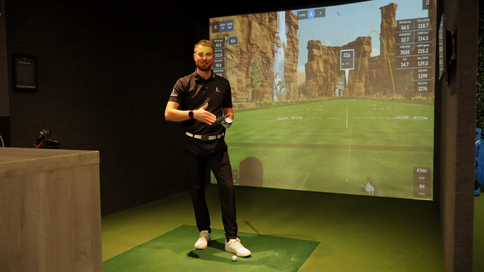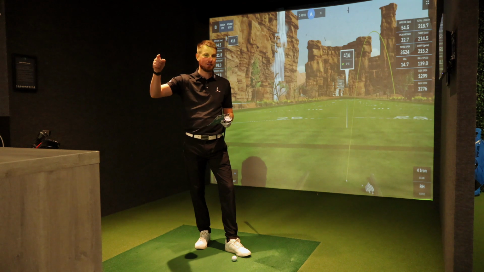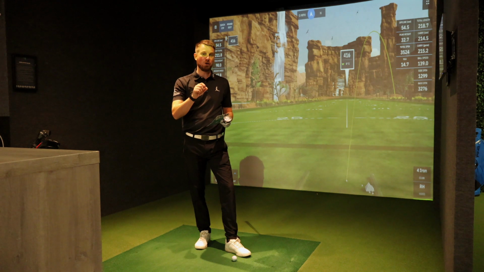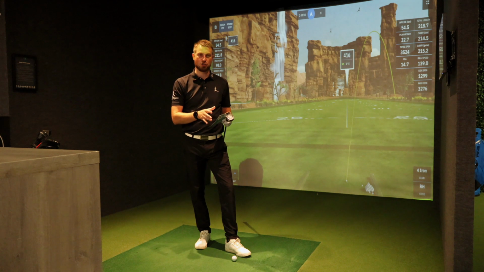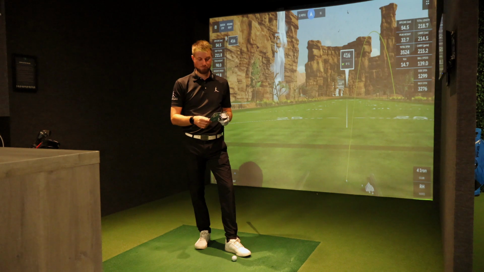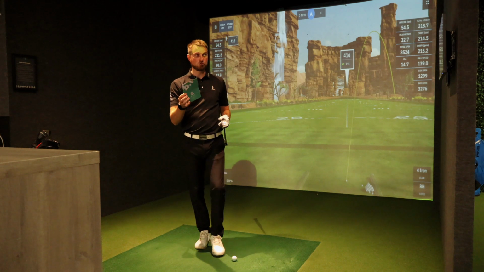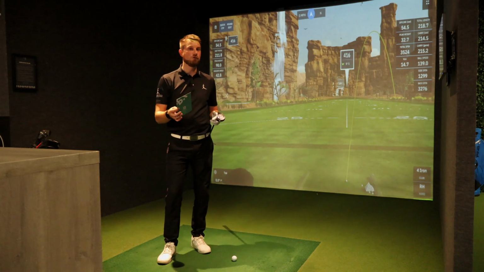It doesn't matter how far the carry is, but if you're someone who's on the high end of ball flight and you're into wind, naturally that pitching wedge is going to go much shorter than someone who hits it lower. And understanding that on course allows you to have a smarter golfing IQ, because you're more likely to give yourself a better chance of hitting the correct shot rather than just the best shot. And this is a really simple way of just recording that data and not overcomplicating it.